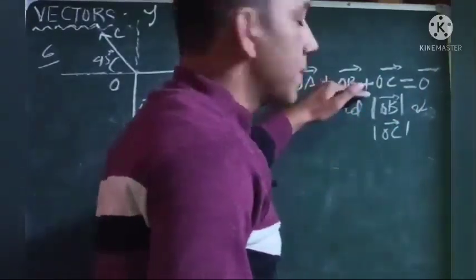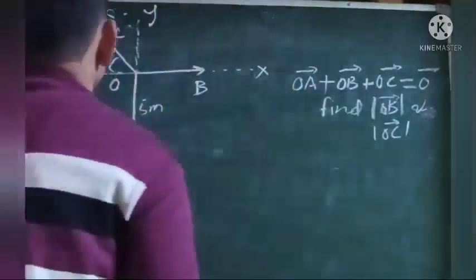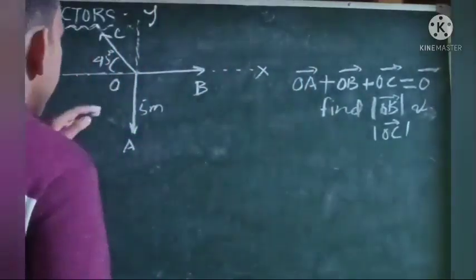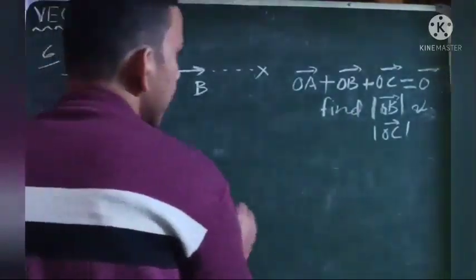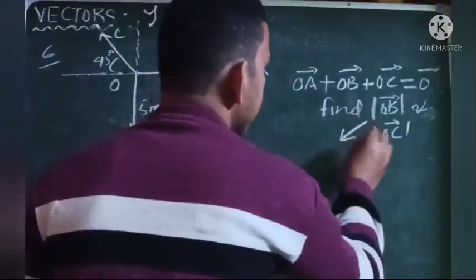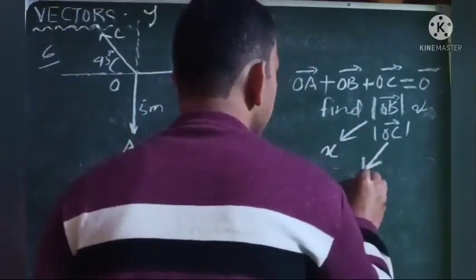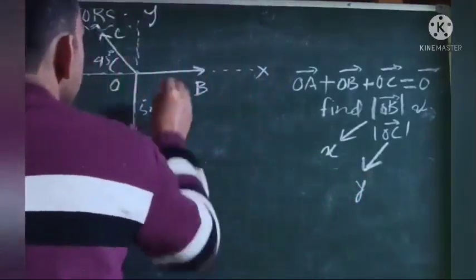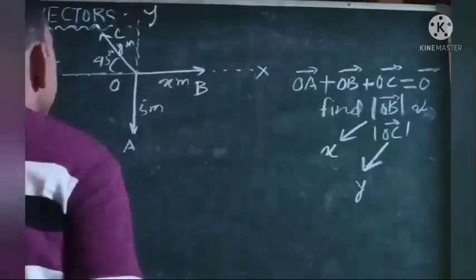From this statement, we are required to find the magnitude of OB vector and the magnitude of OC vector. From this diagram, we can write all the vectors in I cap J cap format. Let the magnitude of OB vector be x meter and the magnitude of OC vector be y meter.